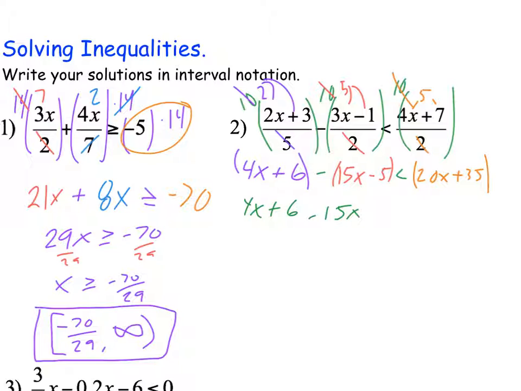So there we see what the parentheses are for, is to change that second sign, and then less than, and then the orange parentheses aren't doing anything, so it's just 20x plus 35. I have some like terms here on the left, 4x minus 15x, so that'd be negative 11x. And then some constants here, so 6 plus 5 is 11, so plus 11.